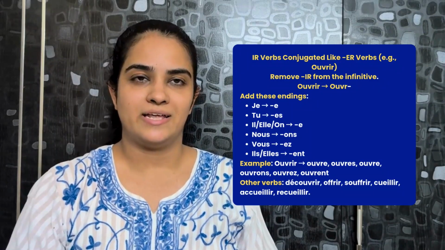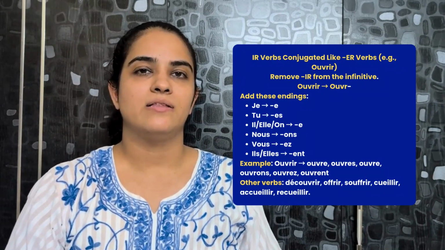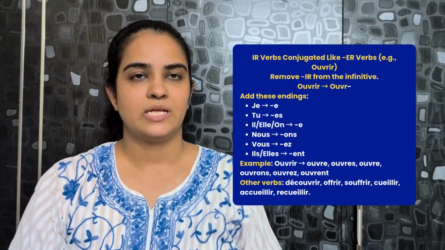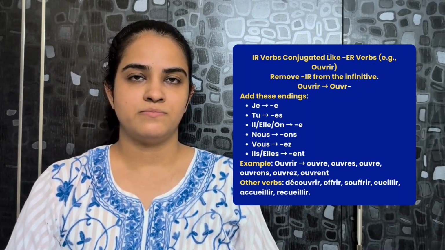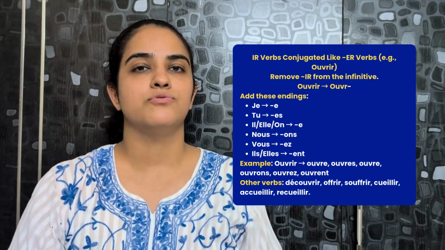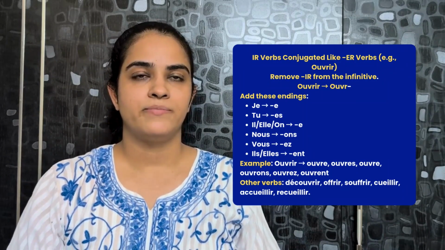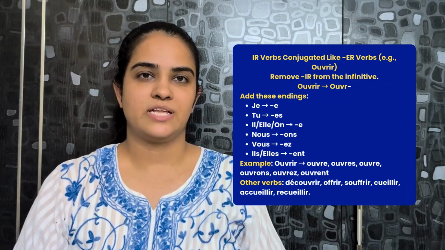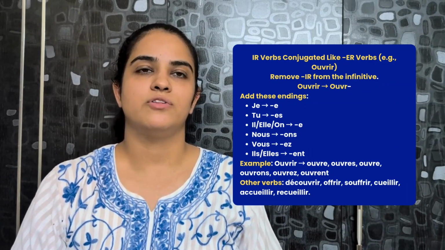So you remove the IR ending and you add the endings of the first group as shown on the screen. It gives you j'ouvre, tu ouvres, il, elle, on ouvre, nous ouvrons, vous ouvrez, ils, elles ouvrent. The rest of the verbs are given below as examples and they follow the same pattern.